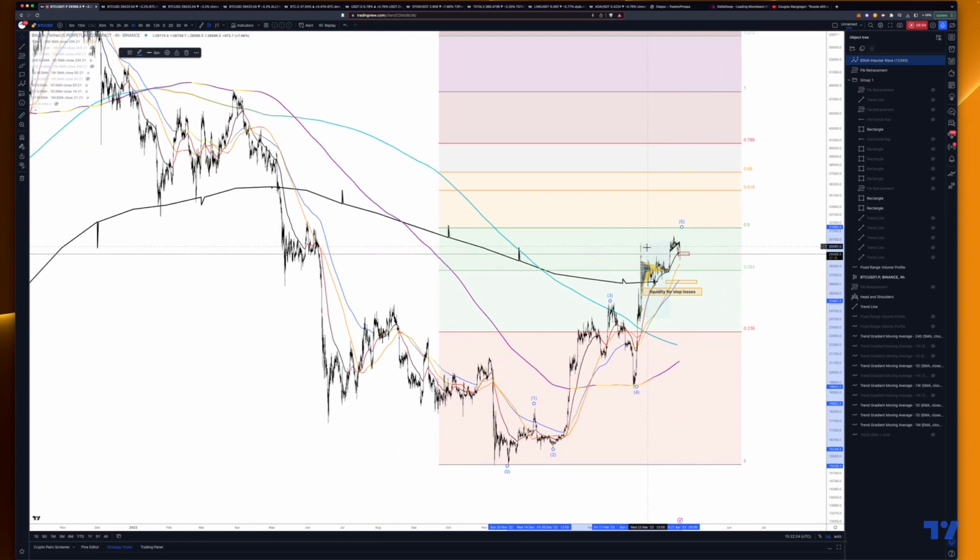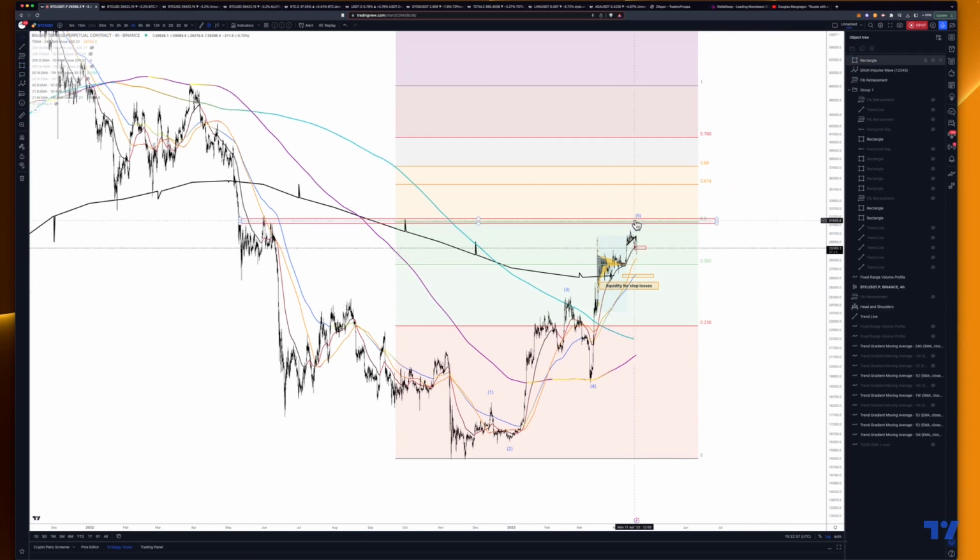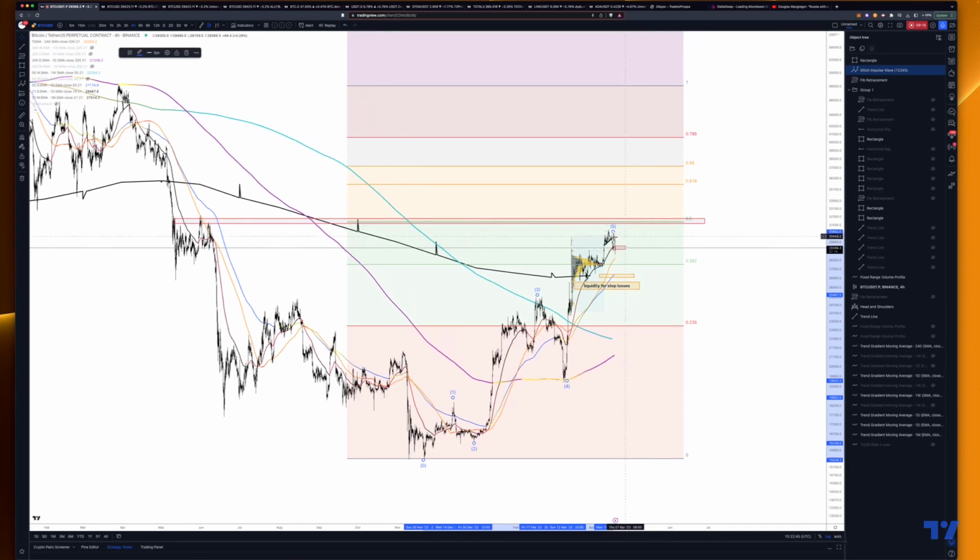And then we'll probably have an ABC correction. So what we have, our liquidity level is there. It's right around the 50% level. Okay. So if this is a wave 5, the thing is it might just fall short of it going to that top level. So we need to see how this plays out.